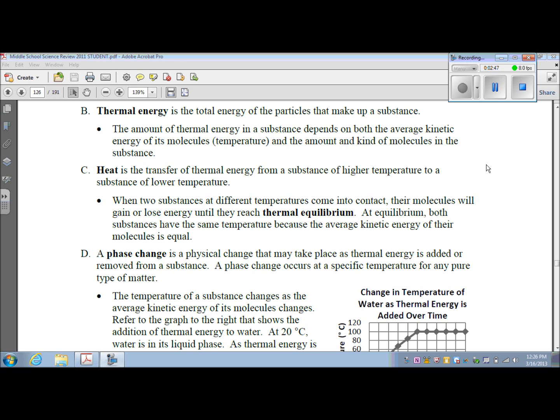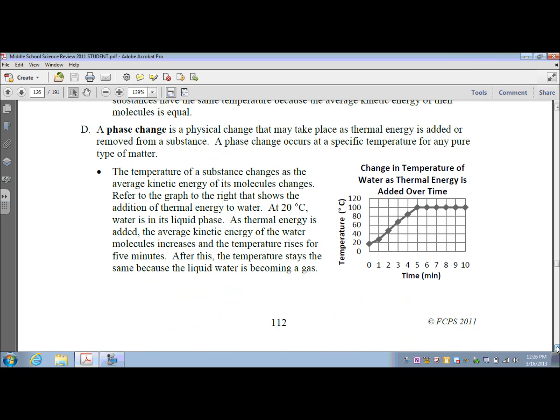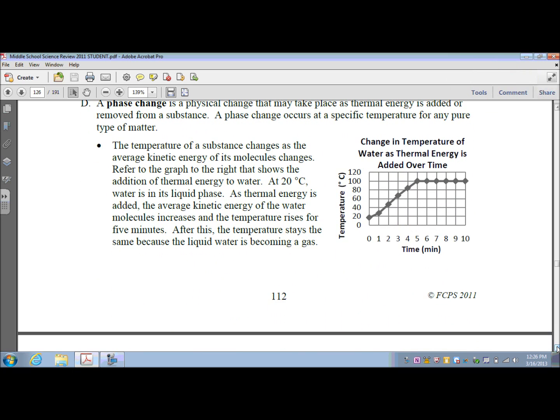Section D. A phase change is a physical change that may take place as thermal energy is added or removed from a substance. A phase change occurs at a specific temperature for any pure type of matter. The temperature of a substance changes as the average kinetic energy of its molecules change. Refer to the graph to the right that shows the addition of thermal energy to water.